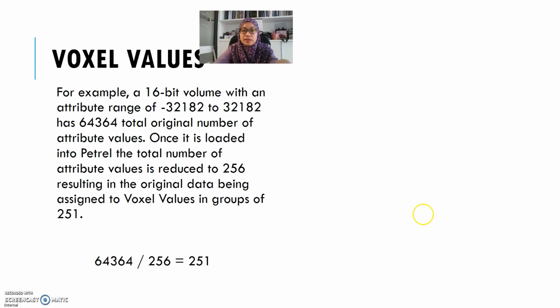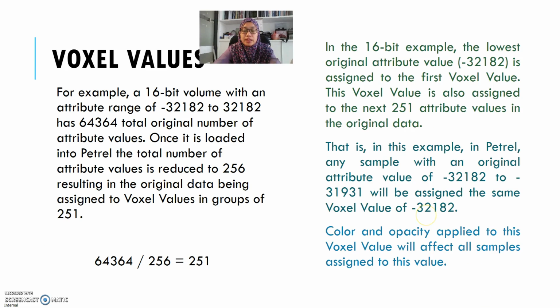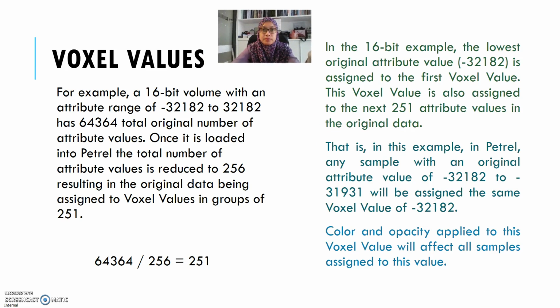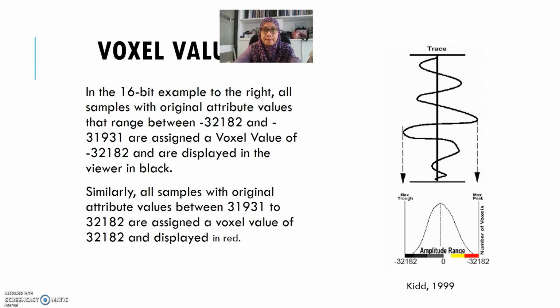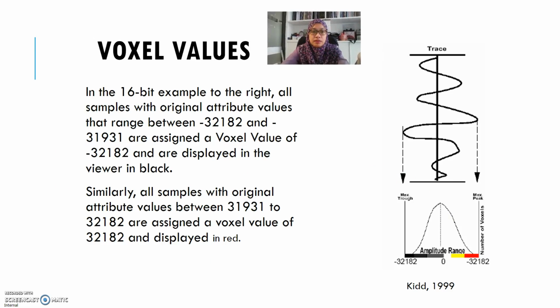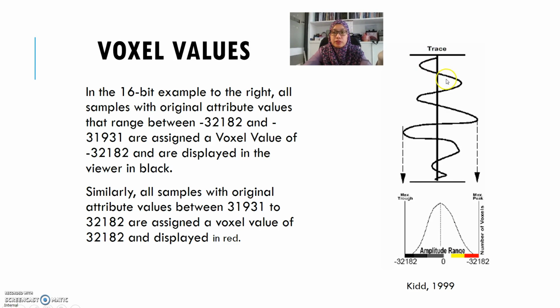It's just like the pixels when we have an image. As an example here, you have your traces. In the first voxel, you have the value of the first 251 samples, followed by the next 251 samples.